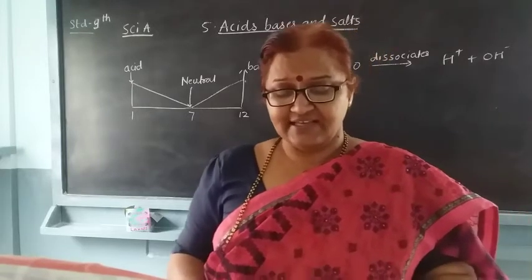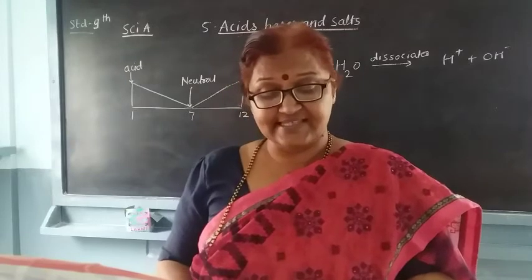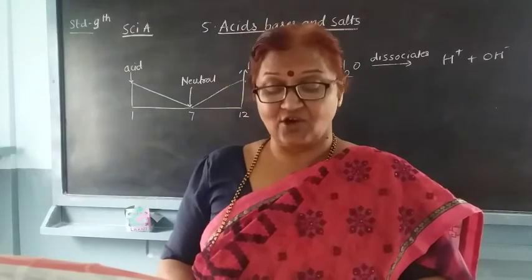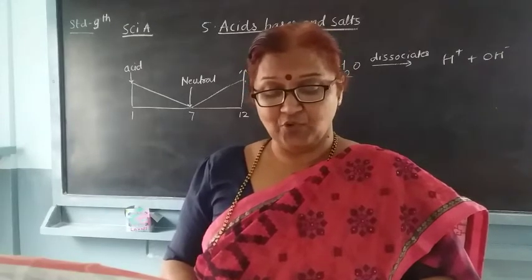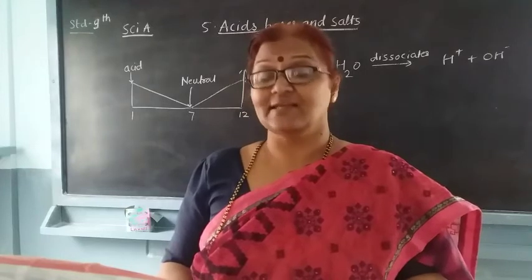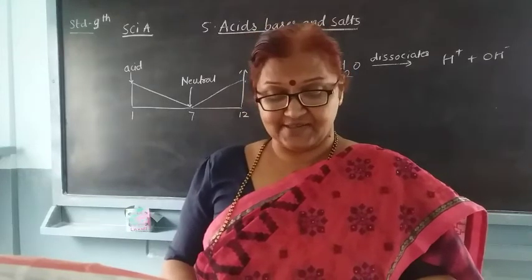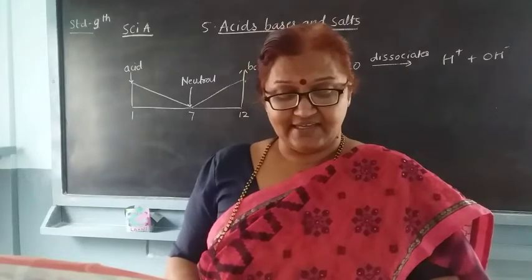There are various colors, natural colors or synthetic colors, in acidic or basic solutions. Litmus, turmeric paper, jamun, methyl orange, or phenolphthalein are all natural indicators. Then there is also the universal indicator.